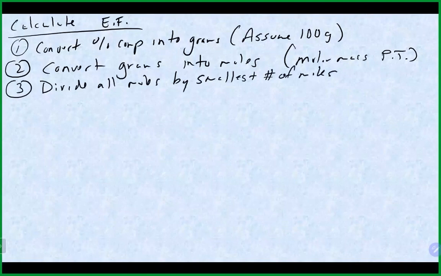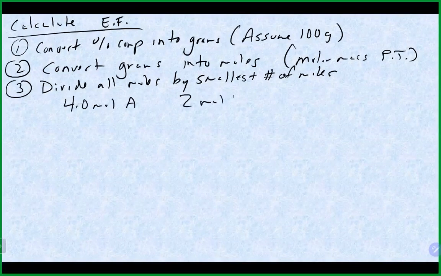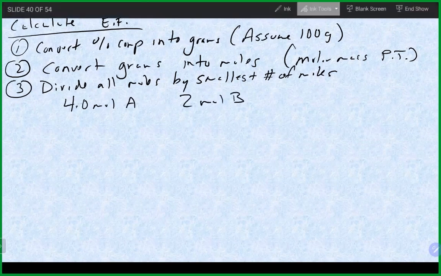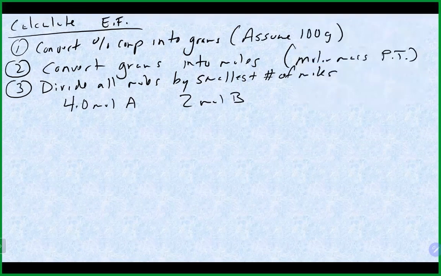So for example, let's just say we had 4 moles of A after we converted it to moles, and we had 2 moles of B. If these were the numbers that we got once we converted them into moles, what we would do is divide everybody here by 2 moles.